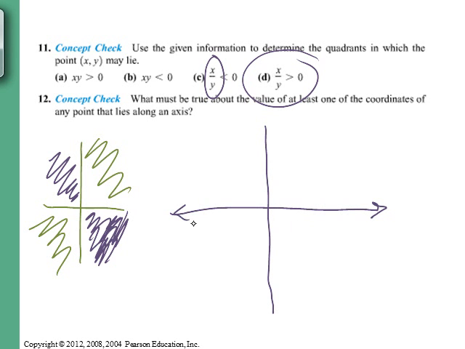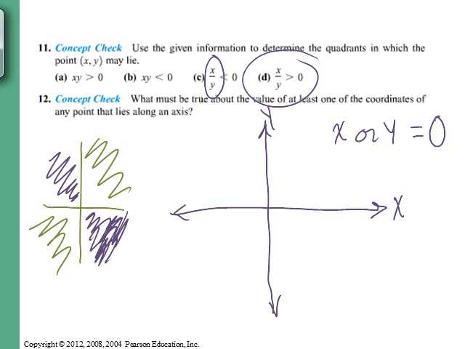If it's one of these points along here, then that letter, either x or y, equals 0. Of course, if it's along this line, then x is 0, and if it's along this line, then y is 0.